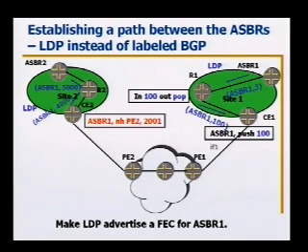Secondly, we need to inject a route for ASBR1 into the IGP in Site 2. Why do we need to do that? Remember, LDP is not a routing protocol. It's a signaling protocol. So it relies on the IGP in order to decide, am I allowed to install forwarding state or not?